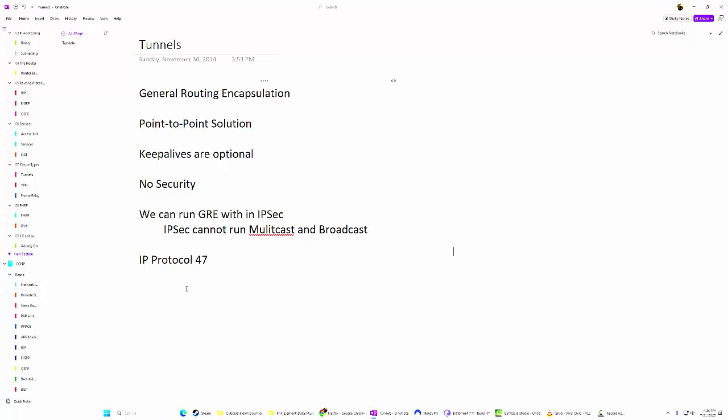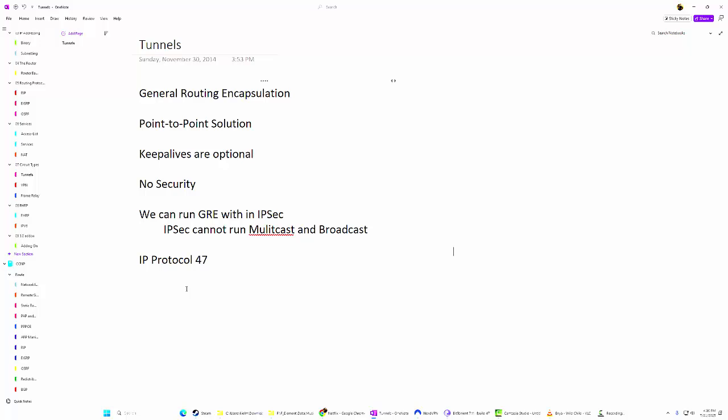But coming in on a tunnel is coming in on the source address of the tunnel. That's why we have to define the source and destination address of the tunnel. And remember, the other router that's building a tunnel with you must have the source and destination switched. That's the only way it's going to work.